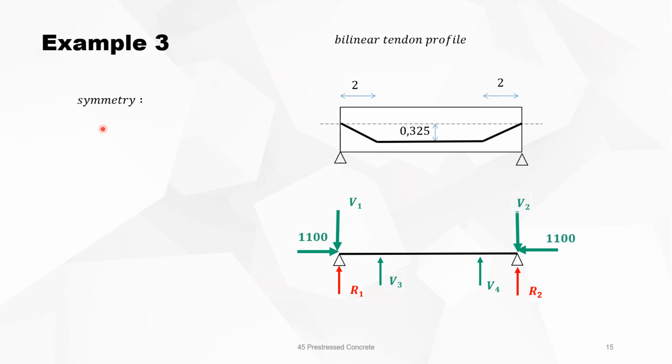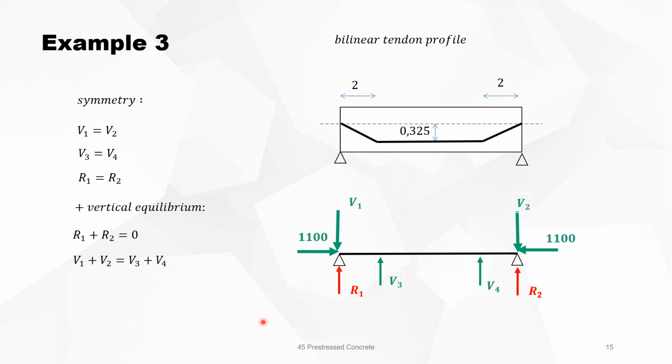Because of symmetry, we know that V1 is equal to V2 and V3 is equal to V4, and R1 is equal to R2. The vertical equilibrium states that the net force must be 0.